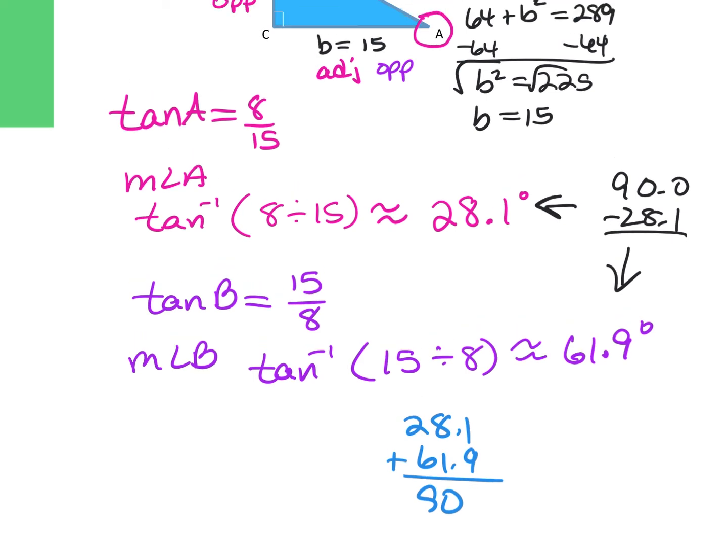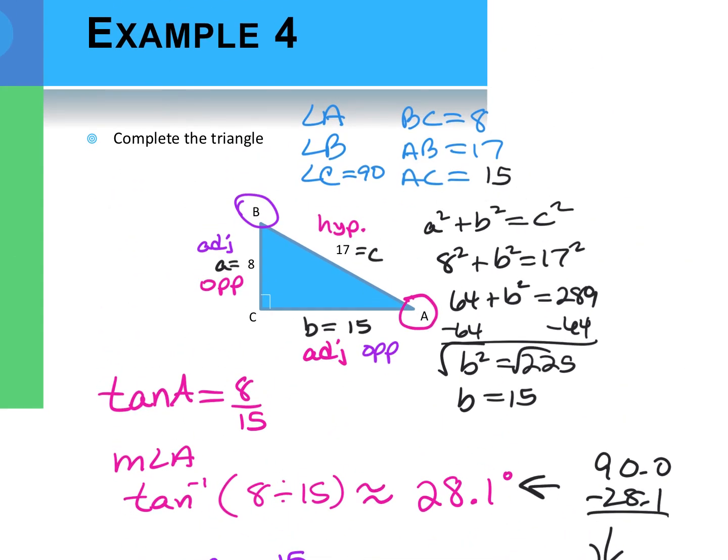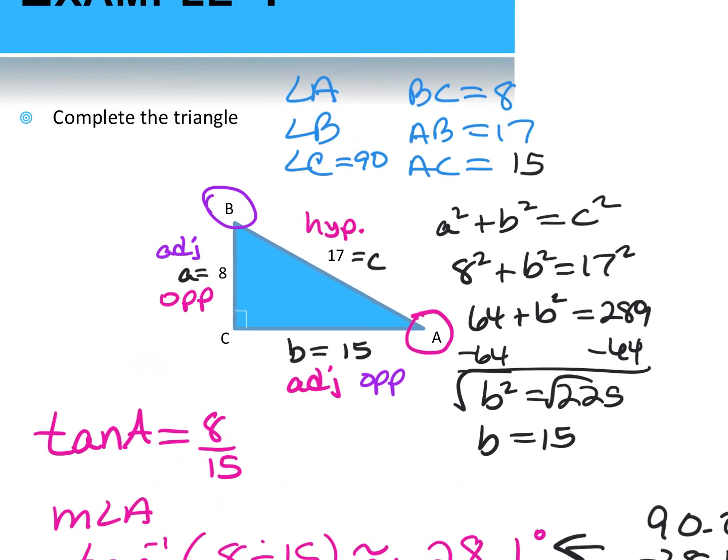So now I can fill in everything. So again, angle A, that was the pink, and that was 28.1. And then angle B, that was the 61.9. I've now completed the triangle by finding all three angle measures and all three side lengths.